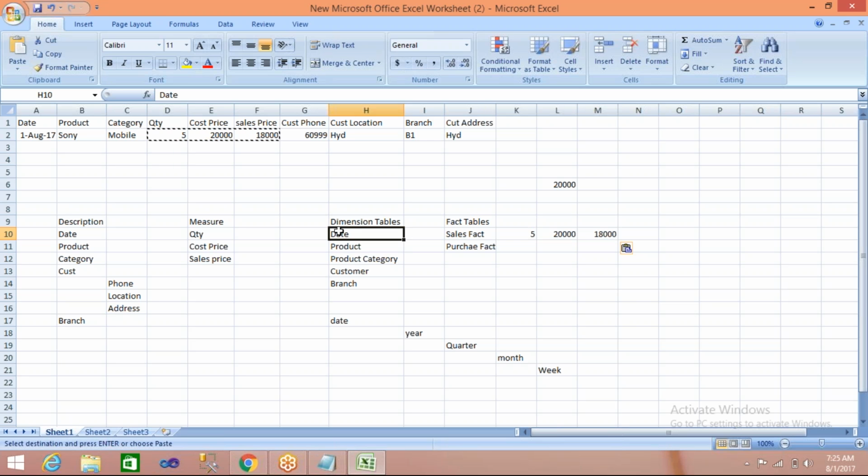And if you save only a particular date in your date table, or in your product table we have Sony, how many sales happened on the Sony product? How can we say? So there has to be some relation between dimensions and facts.